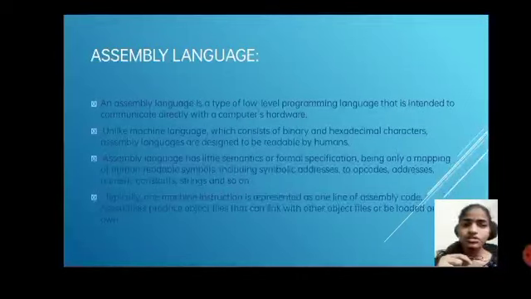Like any programming language, it contains instructions, syntax, keywords, constants, operators. Typically, one machine instruction is represented as one line of assembly code. Assemblers produce object files that can link with other object files or be loaded on their own.